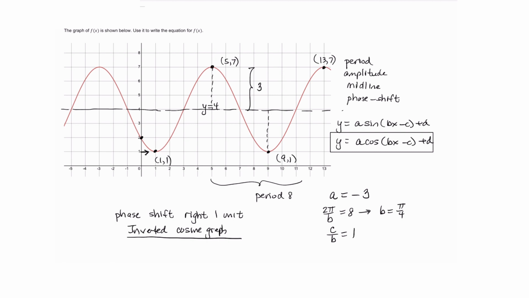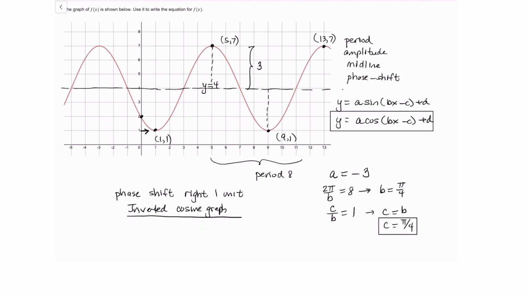The phase shift formula is c over b, and I'm going to solve it for c right away. That means that c is equal to b, so c is equal to pi over 4. So we have 3 of the 4 letters here. We know that d represents the vertical shift, but at the same time is the midline. So that means that d is equal to 4.